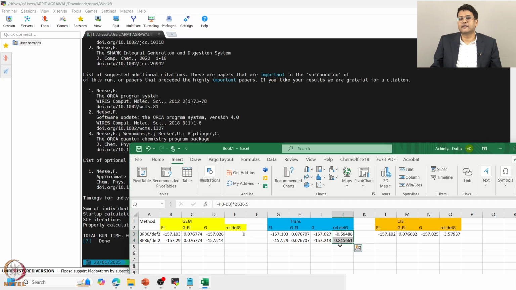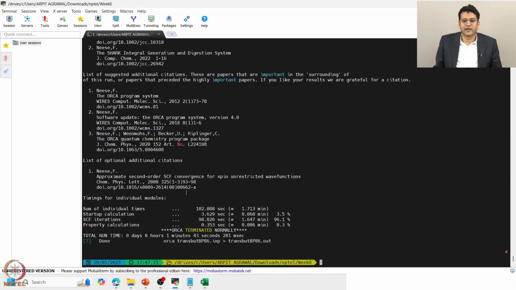So you can already see that increasing the basis set actually changes the sign. So now the sign is consistent with the experimental one. Now let us run the cis one.